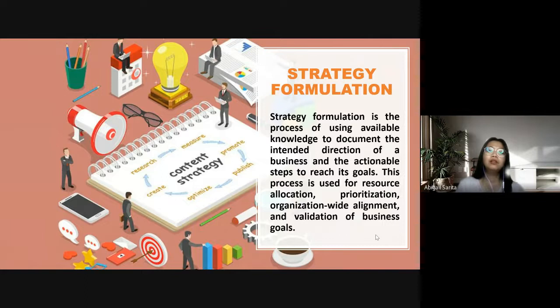In simple terms, class, formulation pertains to creating something. So when we say strategy formulation, you are going to create your chosen strategy, or a plan on how you are going to implement and operate it.